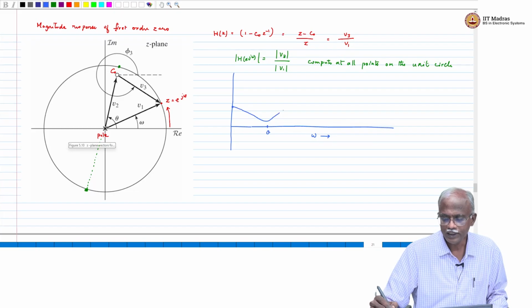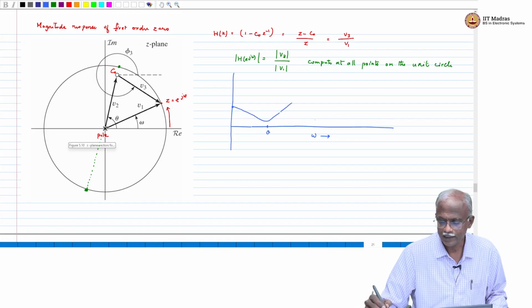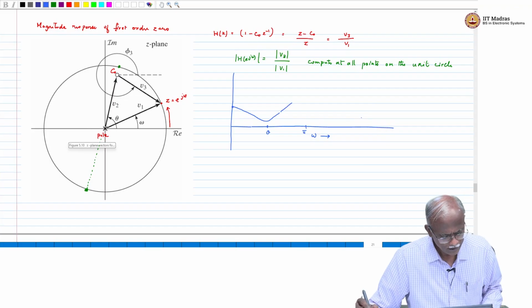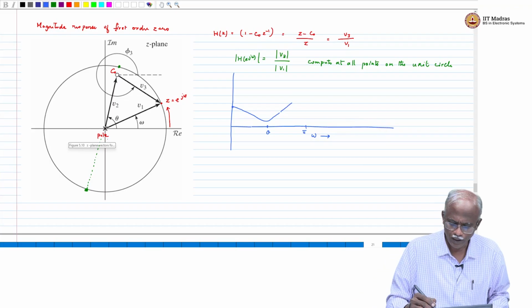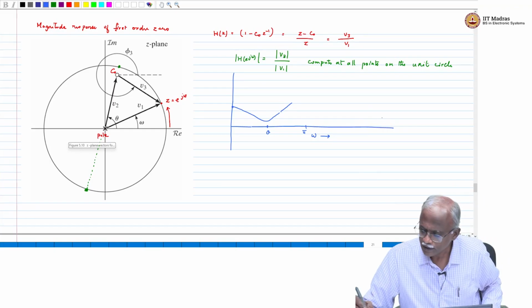After that you will see that the magnitude will increase, and let us say this is pi, and basically what we are looking at is the angle. This is 2 pi.